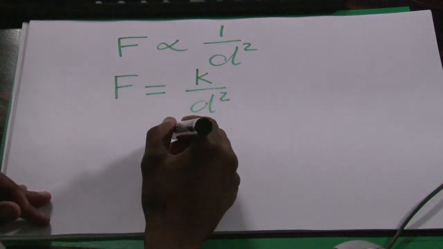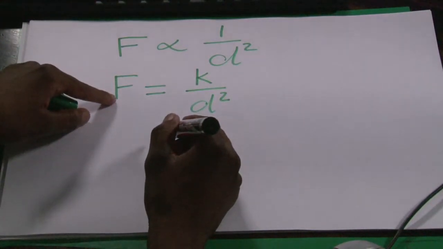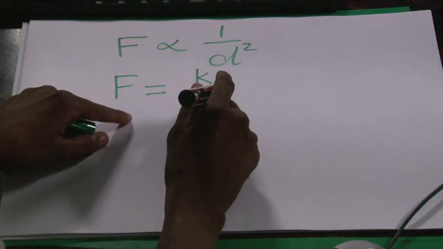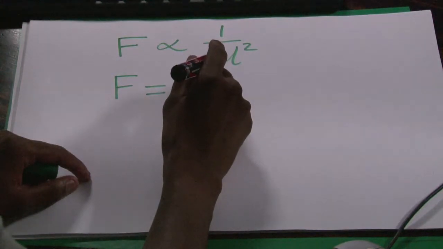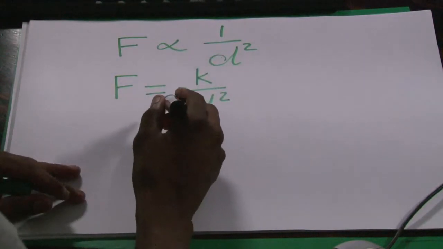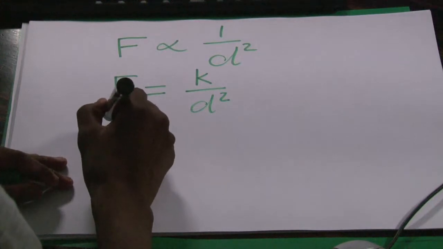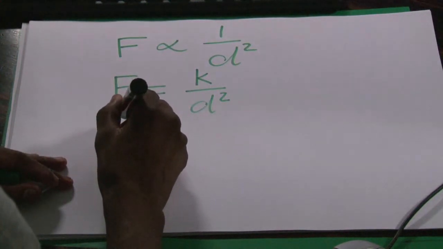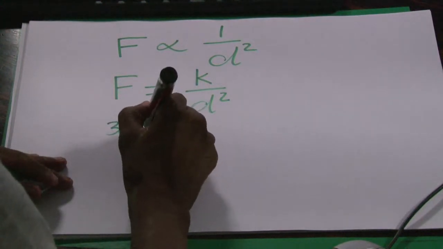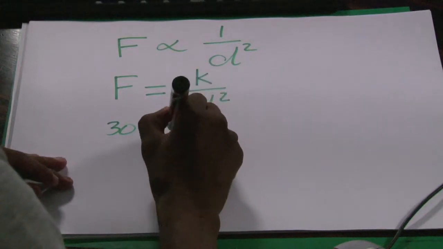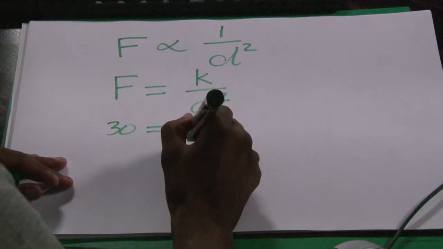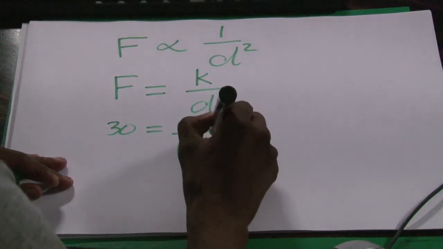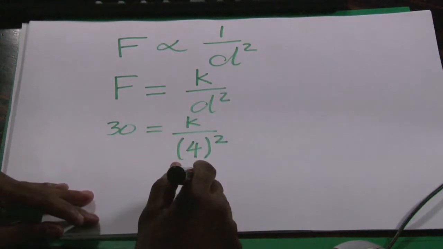Then now we know that force is equal to 30 and d is equal to 4. We need to find the value of k. So to find the value of k, we just substitute in what we have. Force is 30, we do not know k, and distance is equal to 4, and then we square that.